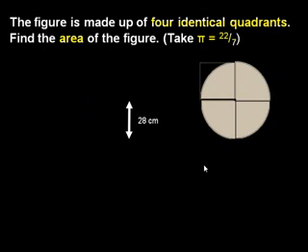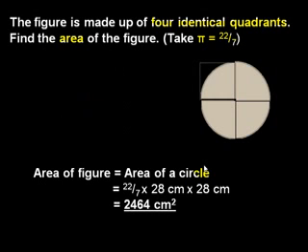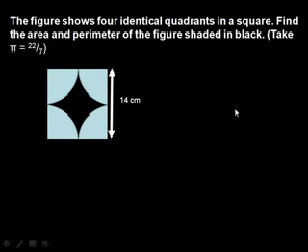So the radius of this circle is 28 centimeters. To find the area of the figure, which is the area of the circle, I use pi times radius times radius, and the answer is 2464 square centimeters.